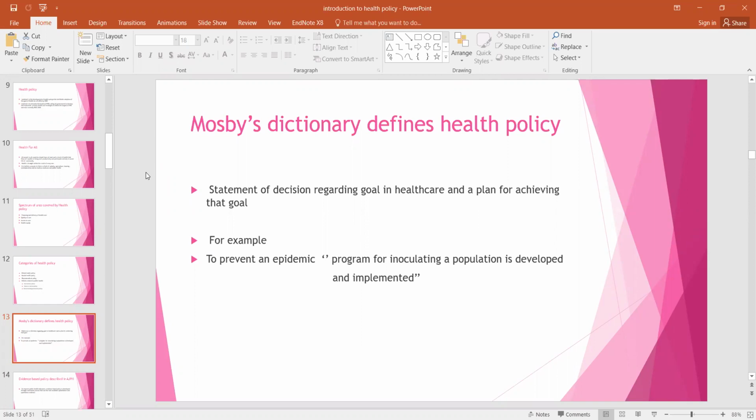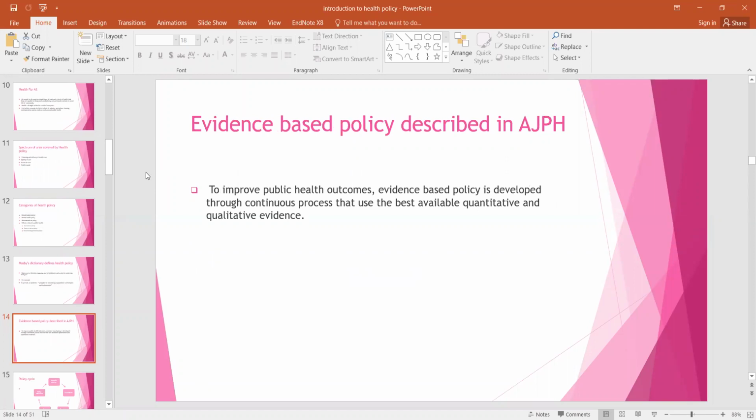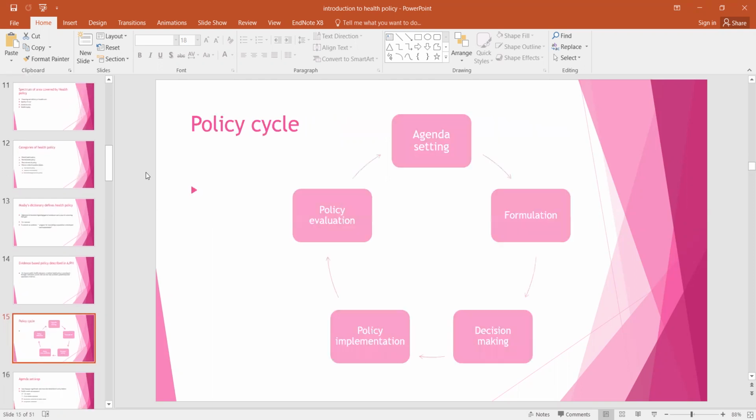For example, to prevent an epidemic, a program for inoculating a population is developed and implemented. In American Journal of Public Health, they define evidence-based policy, which is to improve public health outcome. Evidence-based policy is developed through a continuous process that uses the best available quantitative and qualitative evidences.